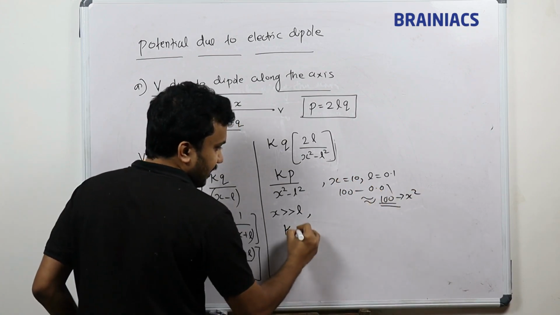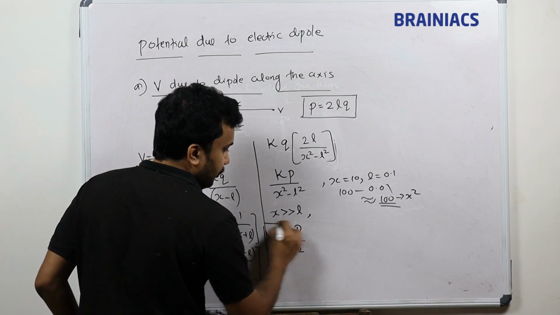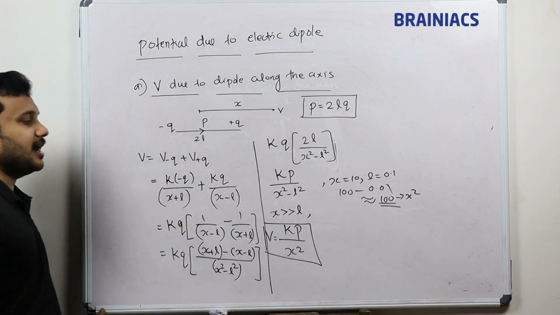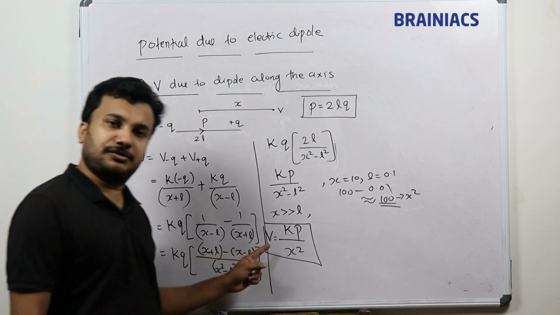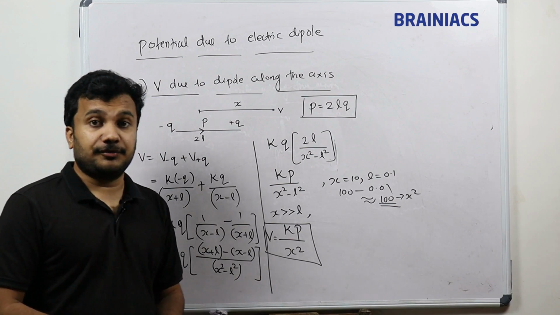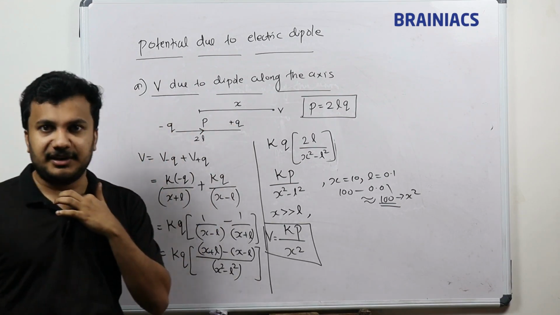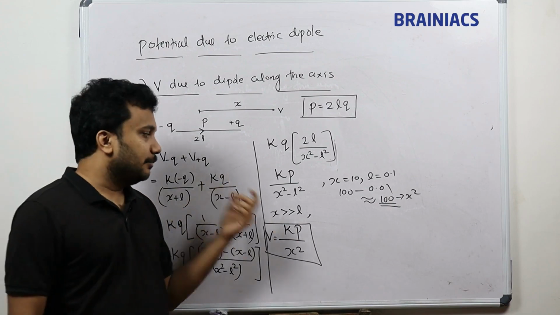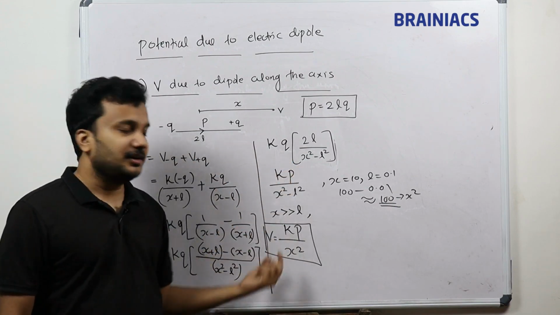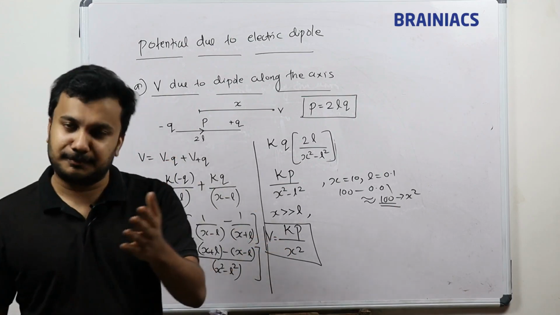So we can write kp divided by x square. This is the potential due to a dipole along the axial position. What is the direction of this potential? We know the direction of electric field, right? In the case of axial electric field, the direction is along the direction of dipole moment. But in the case of axial potential, what is the direction of potential? The statement itself is wrong, right?